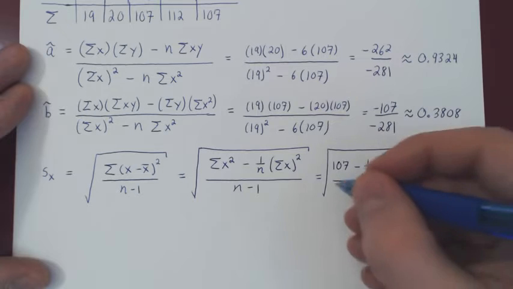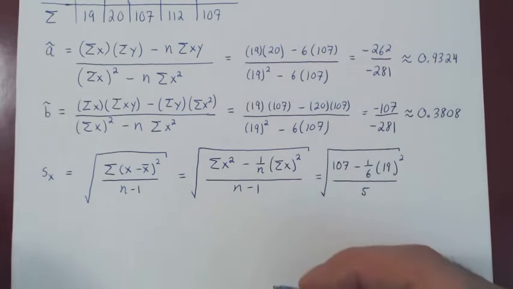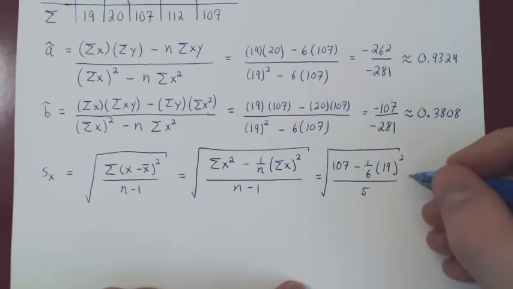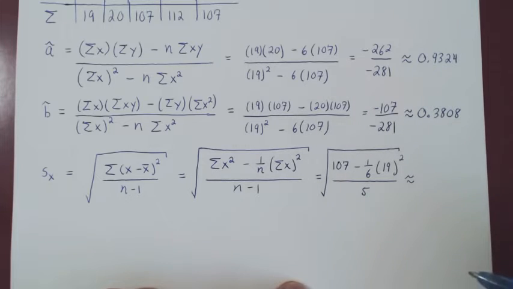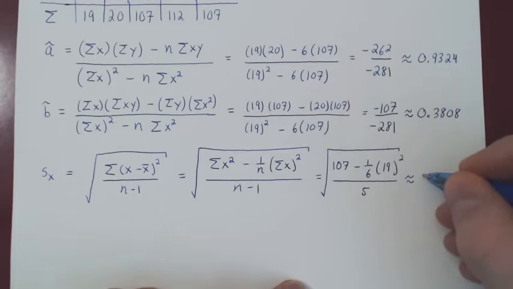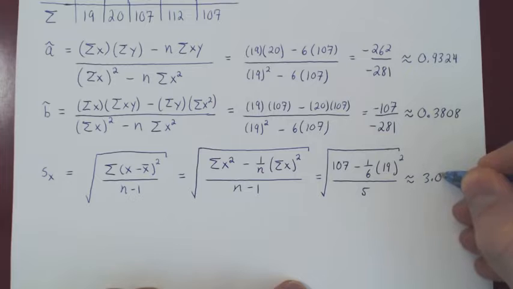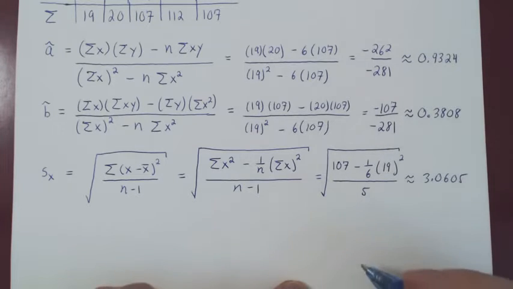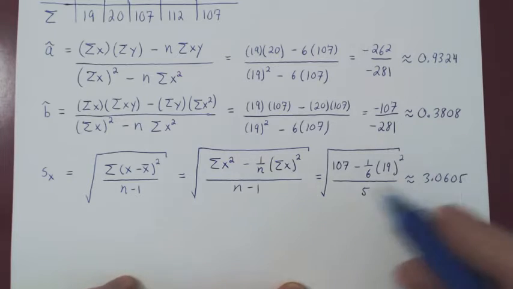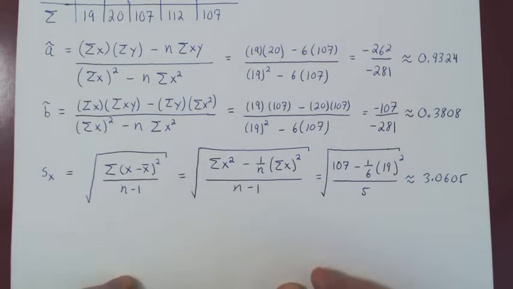And if you compute this, being a square root it will give us an irrational number, but this will be approximately, and here we'll round again to the 4th decimal place, 3.0605. And now we have our standard deviation for the sample of x values.